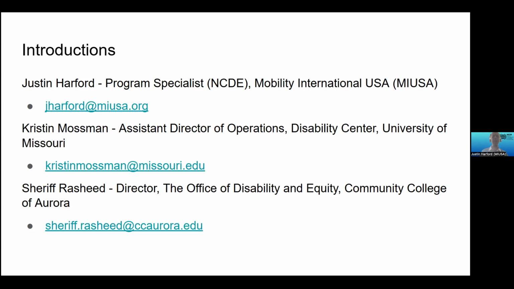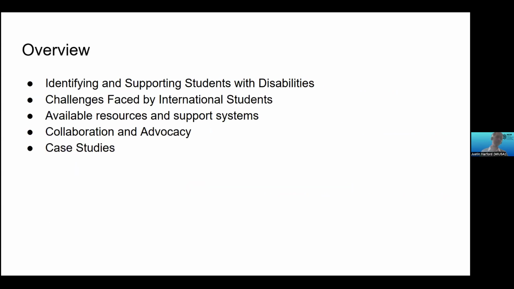And going on to slide 3, this is just an overview of what we're going to be covering today. So the goal is we're going to talk about how to identify and recruit international students, increasing some of those help-seeking behaviors, and identifying, because sometimes students are coming to the United States maybe not even knowing that they qualify for disability services.